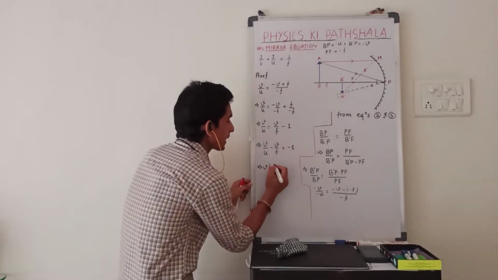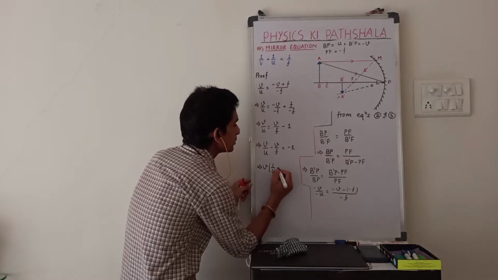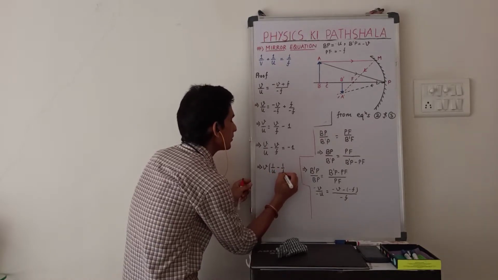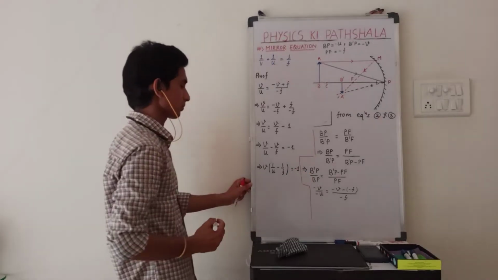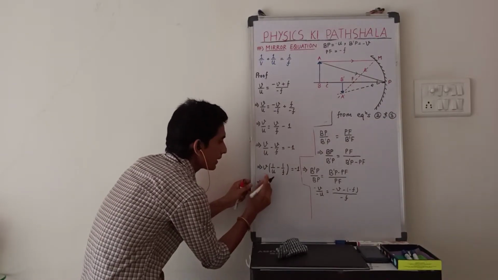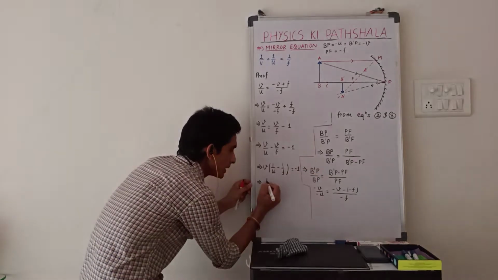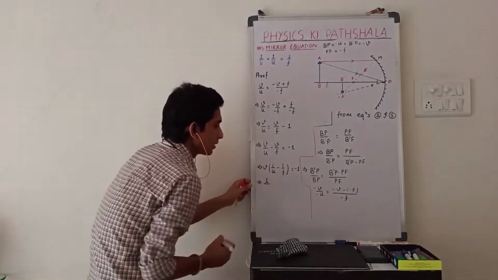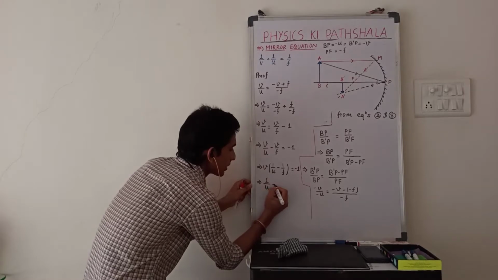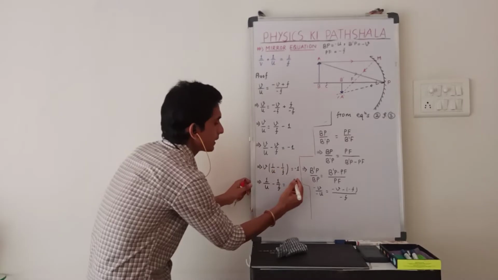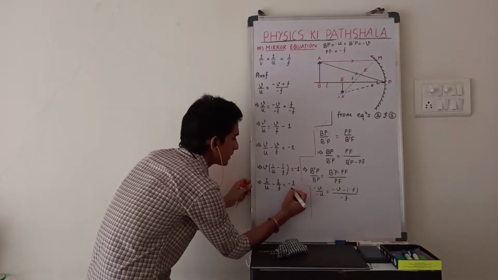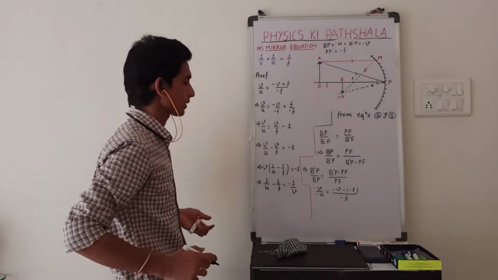So inside the bracket I will be left with 1 upon U minus 1 upon F is equal to minus 1. So now I take V on the right hand side, so I am left with 1 upon U minus 1 upon F on the left hand side, and I take this on the right hand side, so this will be minus 1 upon V.